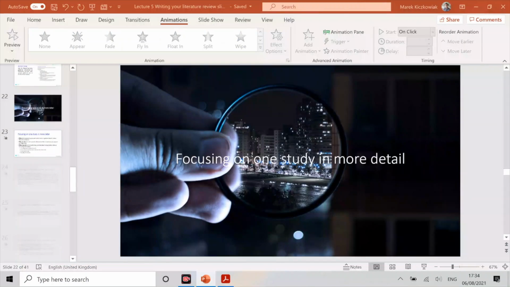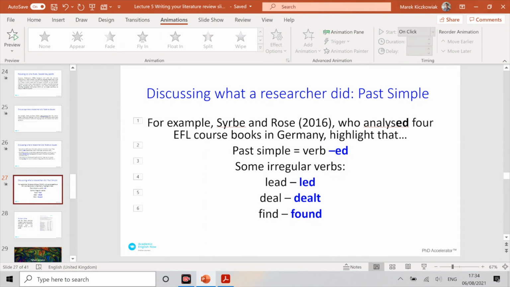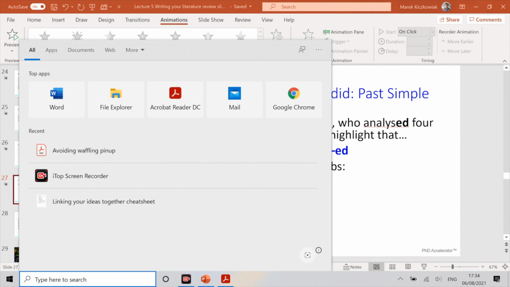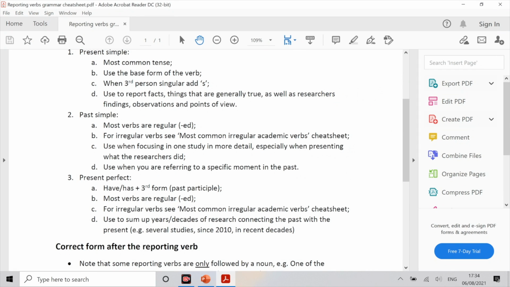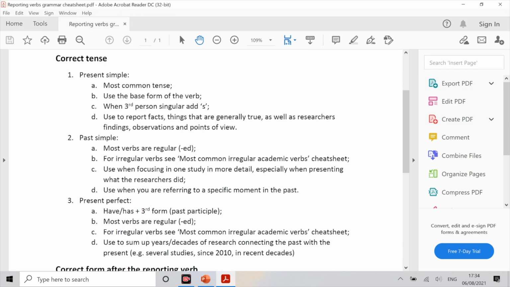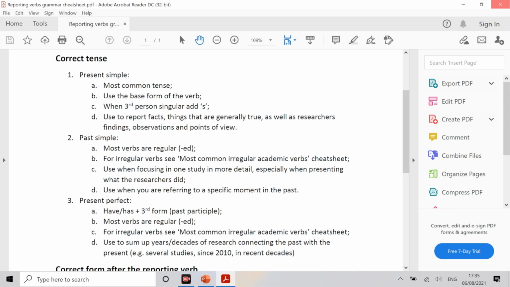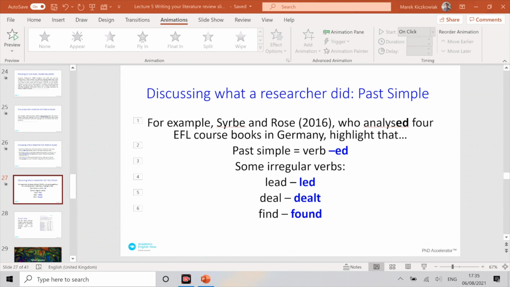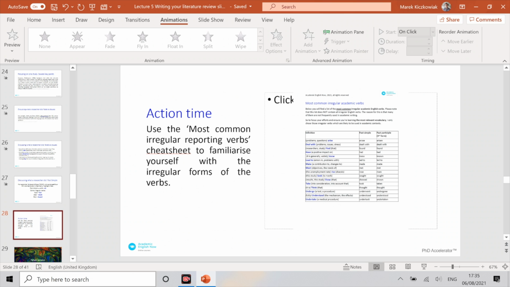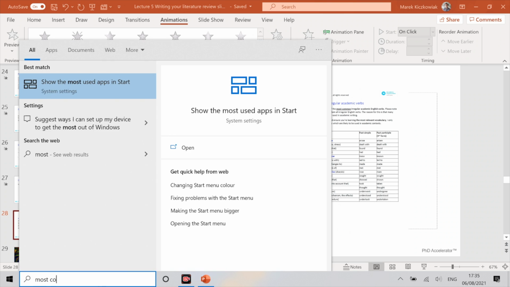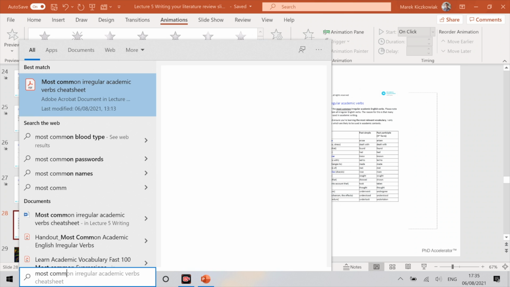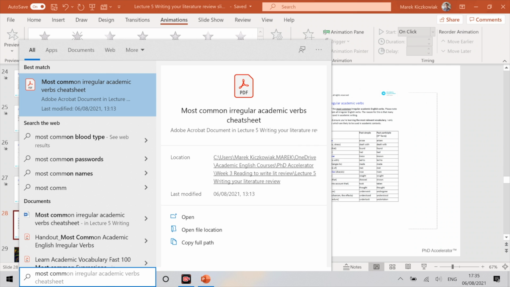And if you want more information on it, remember we had the reporting verbs grammar cheat sheet, right? Here you've got past simple presented and how to use it. And then I also prepared for you another cheat sheet with the most common irregular verbs. It's also available in the resources section, right?